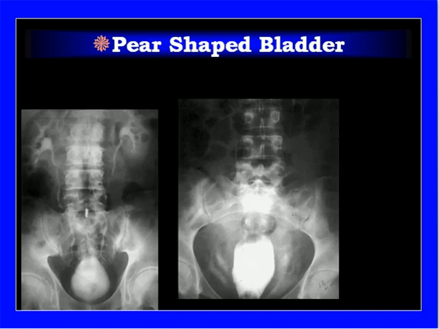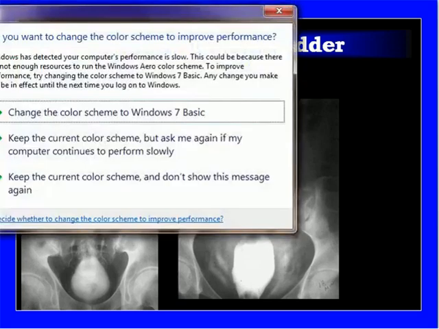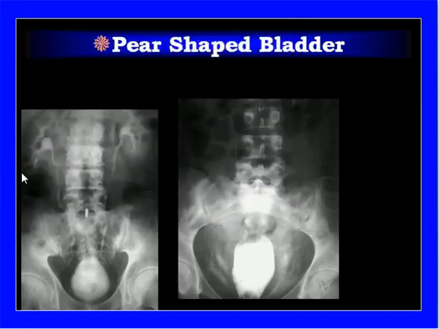Now, pear shaped bladder. This most commonly occurs where there is chronic cystitis and reduced capacity of the urinary bladder. So the picture in IVP or cystourethrogram is the pear-shaped bladder.